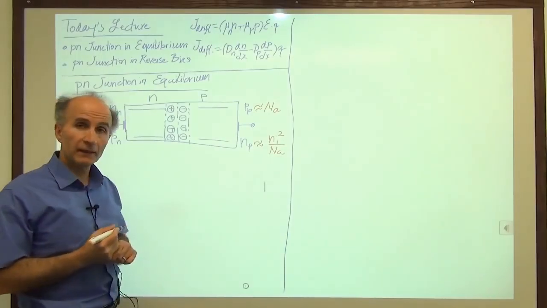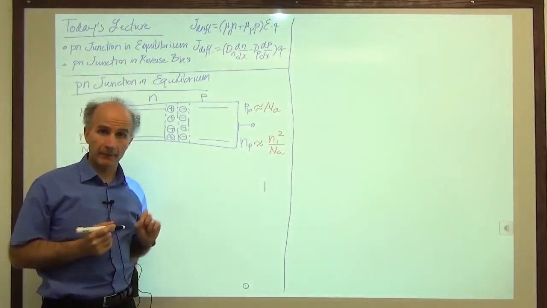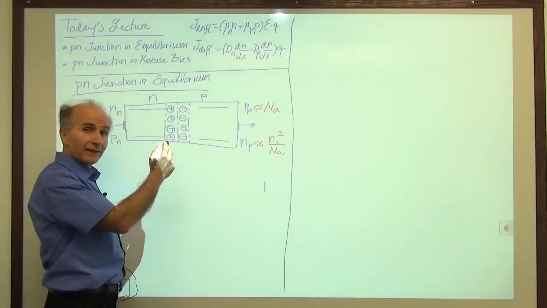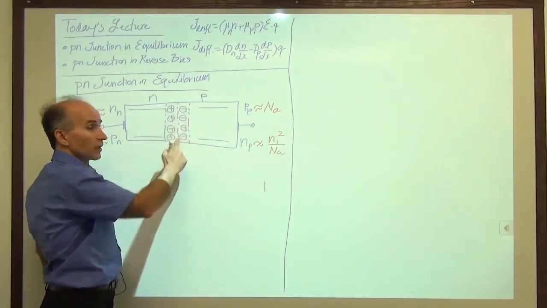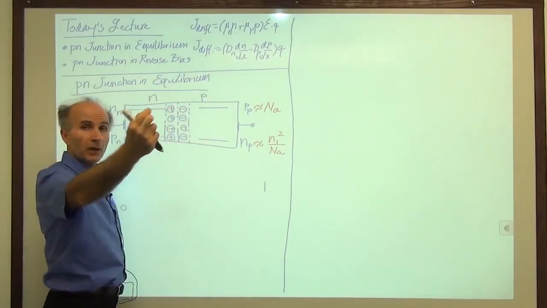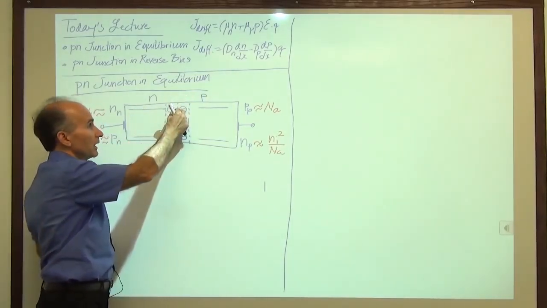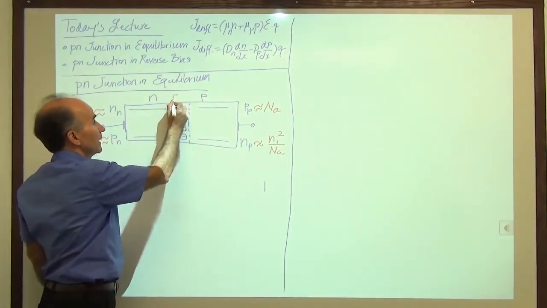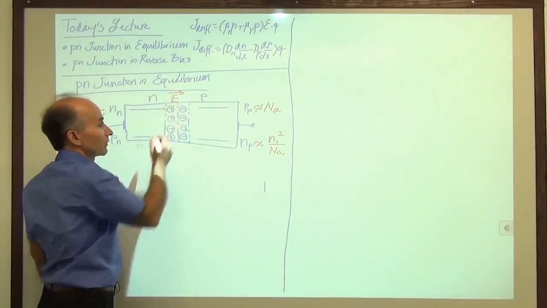Well, we will take a slightly different look, which will help us mathematically. Now remember that we have created an electric field in this region. We have positive charge here, negative charge here. If you bring a positive unit charge to this environment, we see that it wants to go from left to right. So the electric field is pointed from left to right.